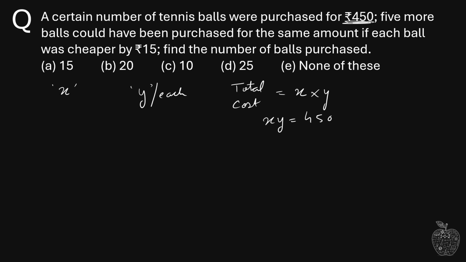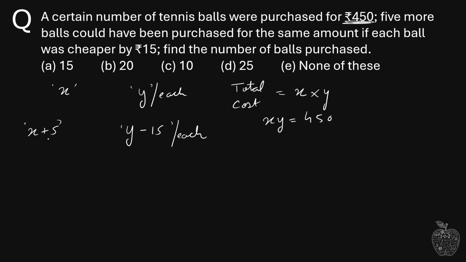Alright. Now 5 more balls could have been purchased for the same amount. So originally we purchased X, but X plus 5 could have been purchased if each ball was cheaper by 15 rupees. Originally the price was Y rupees each. Now it is 15 rupees cheaper, so it is Y minus 15 each.